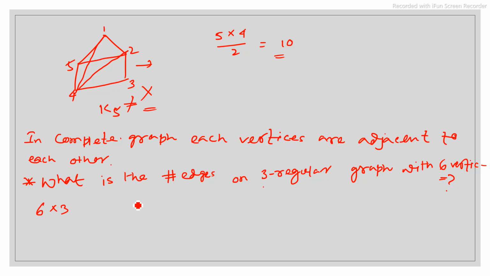That's why this is called a three regular graph. So 6 into 3 equals twice the number of edges, so the number of edges is 6 into 3 by 2.